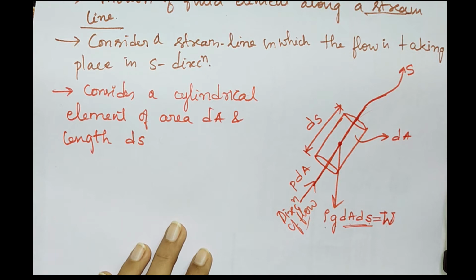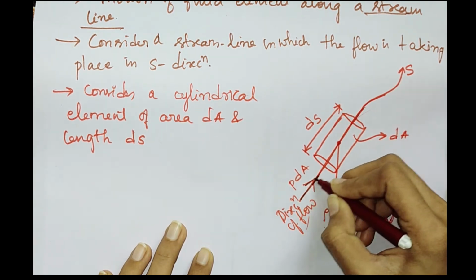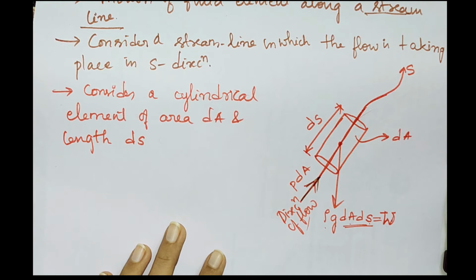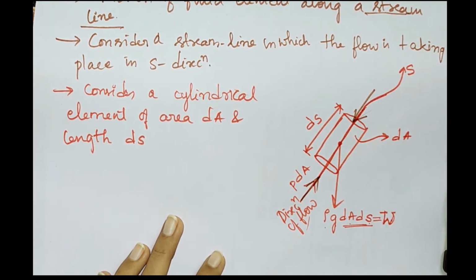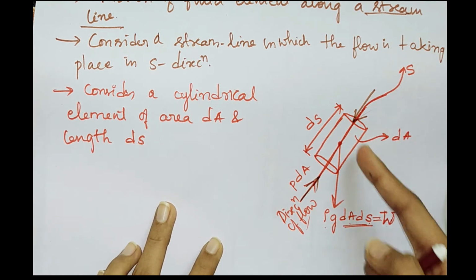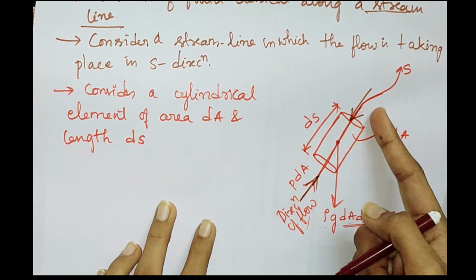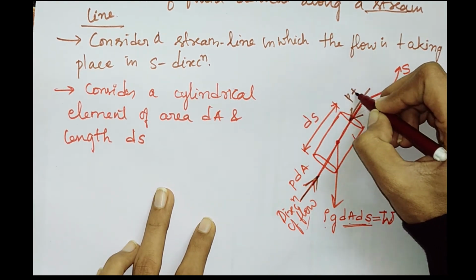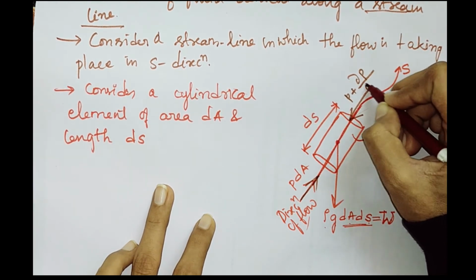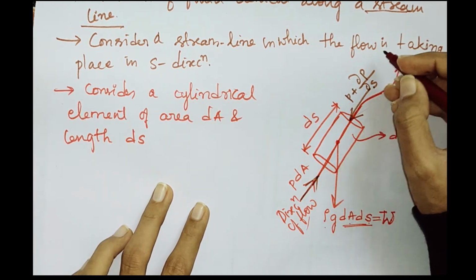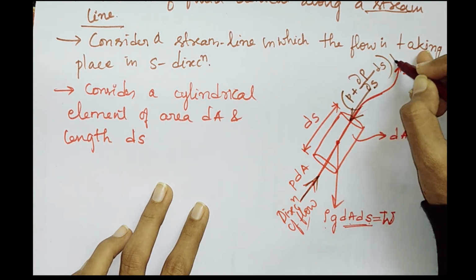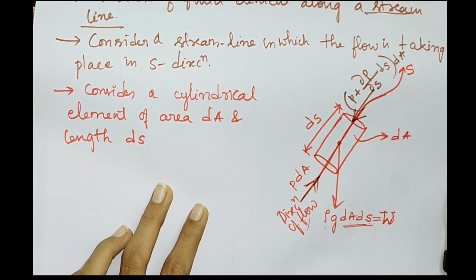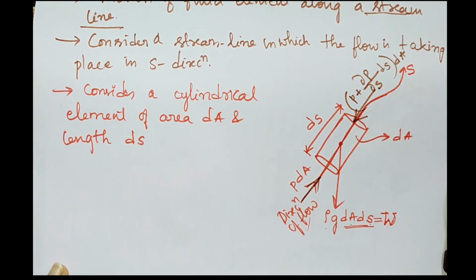So here two pressure forces will act: one is P into dA in the direction of flow, and the other is in the opposite direction of the flow, which is P plus dou P by dou s into ds, into dA.